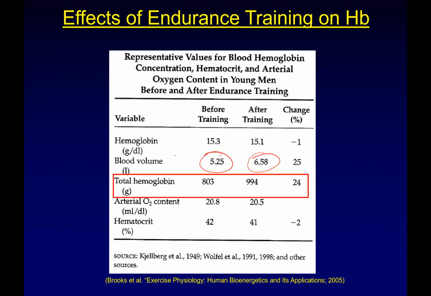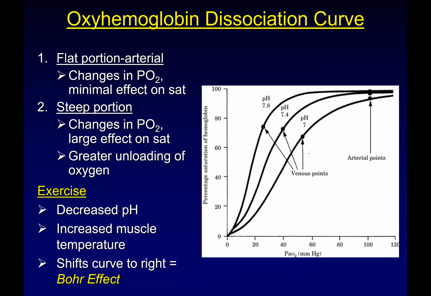The concentration of hemoglobin, or the percentage really of red blood cells in either of those, is going to be the same, okay, pre to post training. But the simple fact that we have more blood means there's more red blood cells. We have a significant increase, like a 25% increase in the amount of red blood cells. And so, because that goes up 25%, we can now carry 25% more oxygen. So, very, very powerful adaptations.